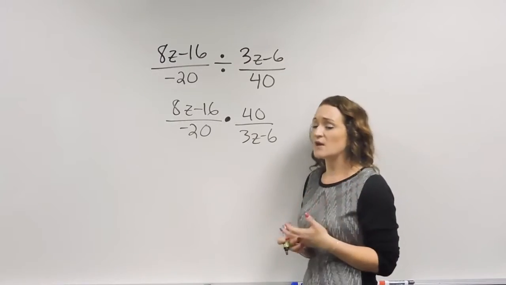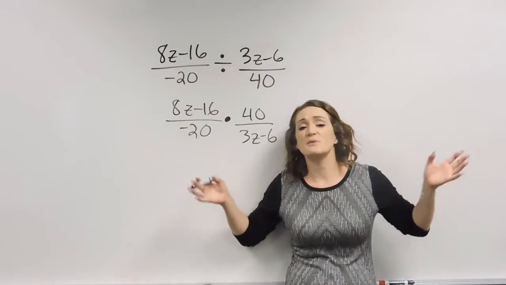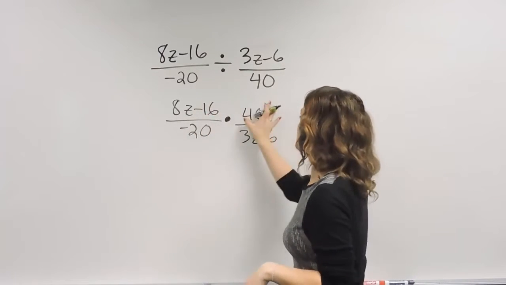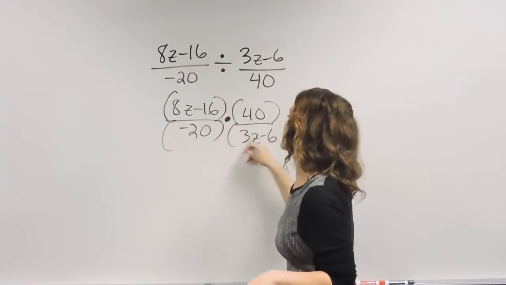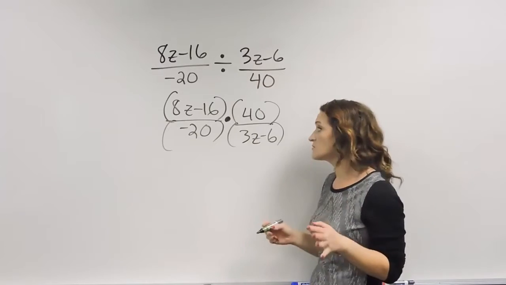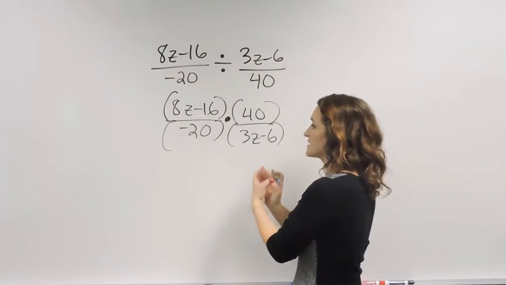But do be careful when it comes to multiplying rational expressions, you do not actually multiply them together. We're not going to take this 40 and multiply it to everything over here and the negative 20 times the 3z minus 6. Literally the multiplying is just a combining step.